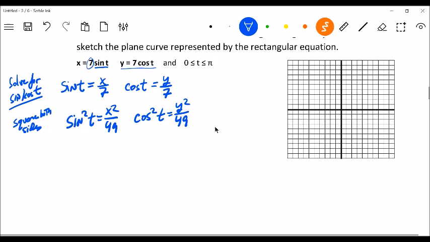Why do that? Well, we're going to do that because we're going to use the fact that sine squared theta plus cosine squared theta equals 1, the Pythagorean identity in trigonometry. So watch what I do on this next line, because this is going to seem weird at first, but it's very useful.